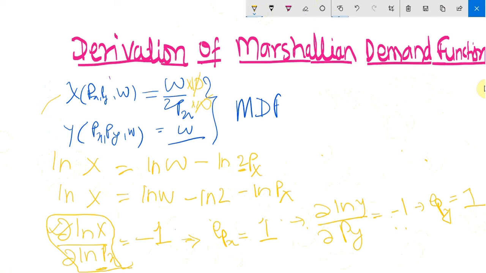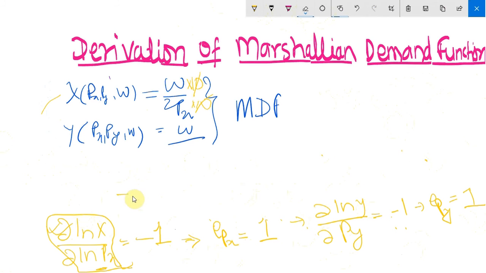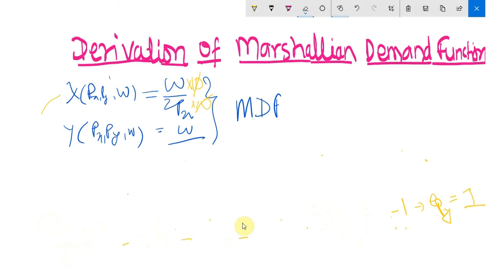So finally, the last property of the Marshallian demand functions in this case is the zero cross elasticity.